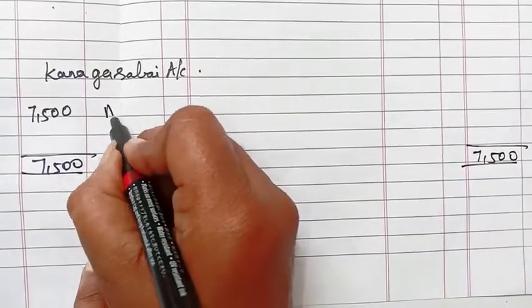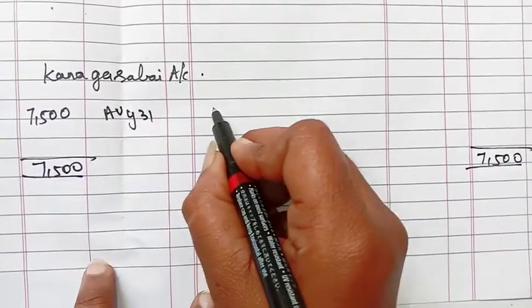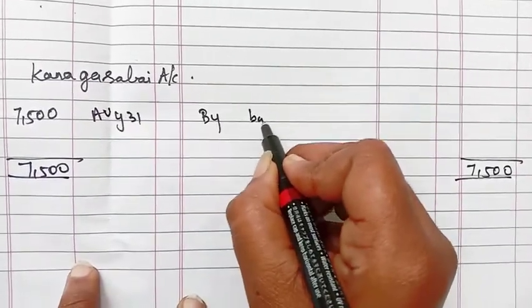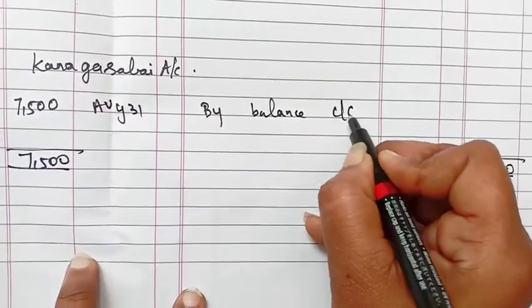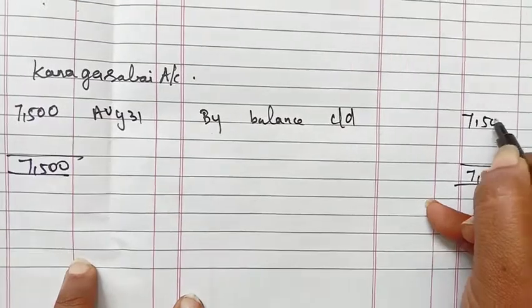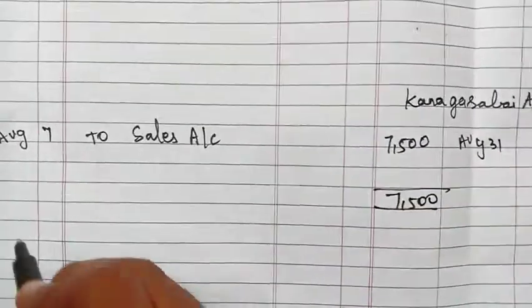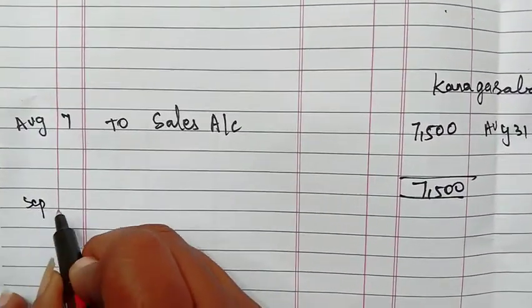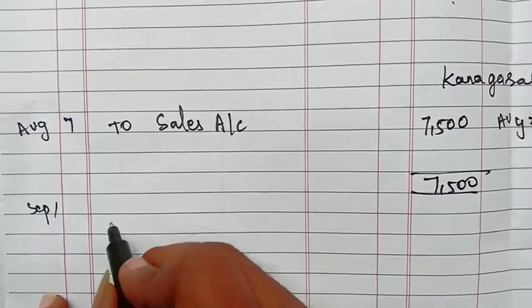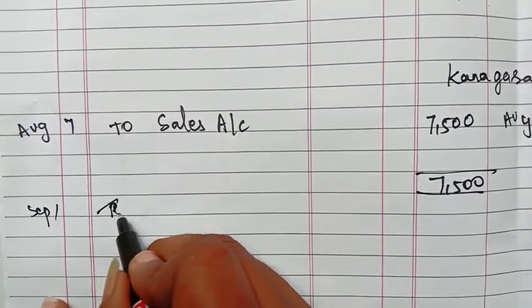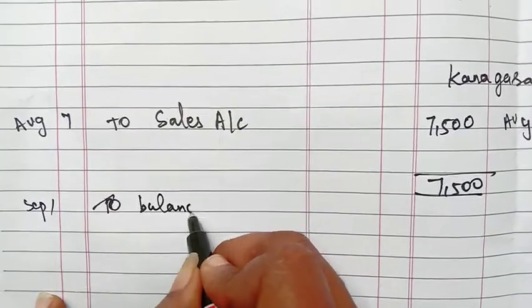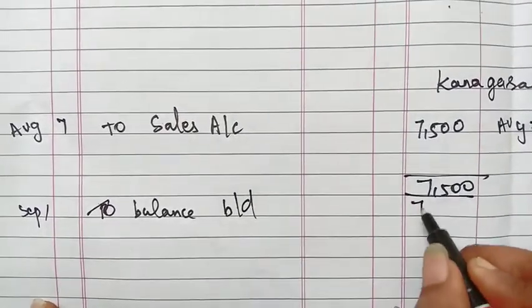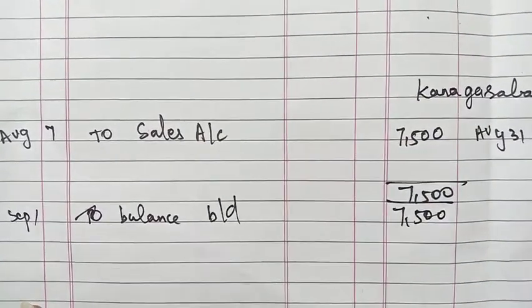We'll write August 31st, by balance carry down, 7,500. The same thing we have to enter here as of September 1, next month, to balance brought down, 7,500. So that's all the sum.